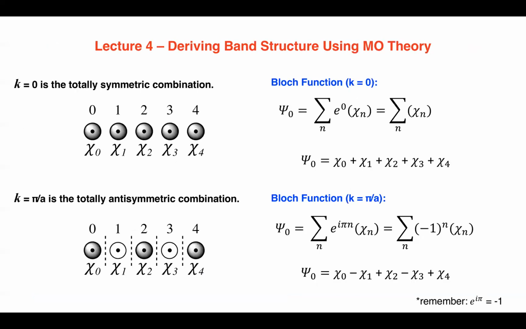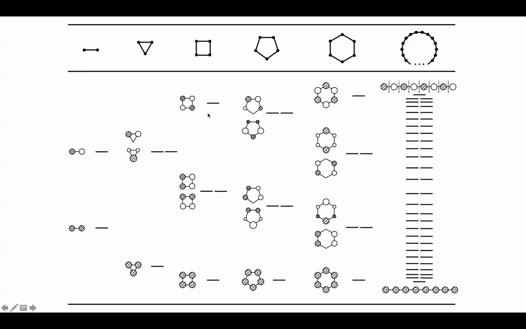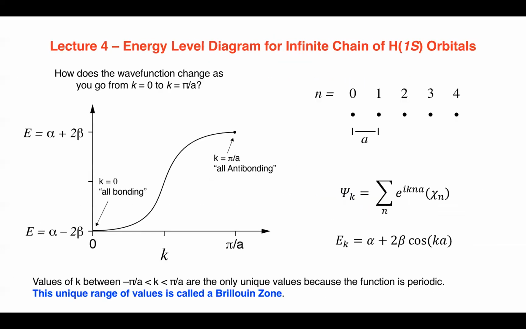Okay, so you can remember that from this example here of benzene: alpha minus 2 beta, alpha minus beta, alpha plus 2 beta. As you go up in energy from the all bonding to the all anti-bonding case, you traverse 4 beta in energy.